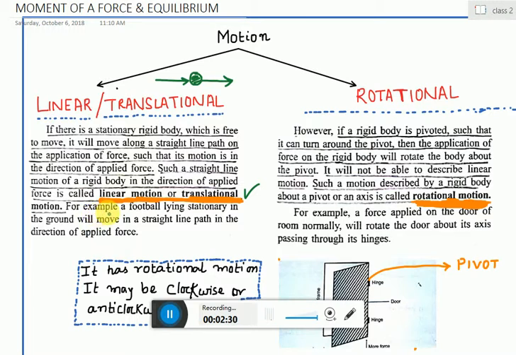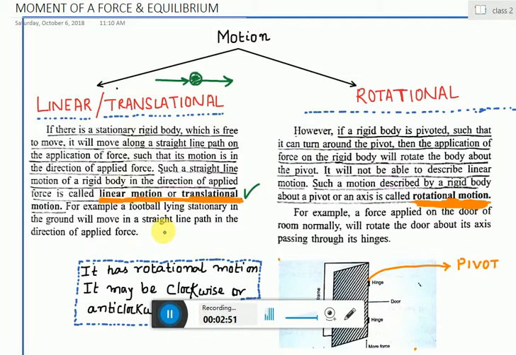They have given you an example of football, where if I hit the football with my leg, the ball will move along the direction of the force that I have put forward by my leg. That is what linear motion is, and that is what we have studied in class 9 on a brief basis.